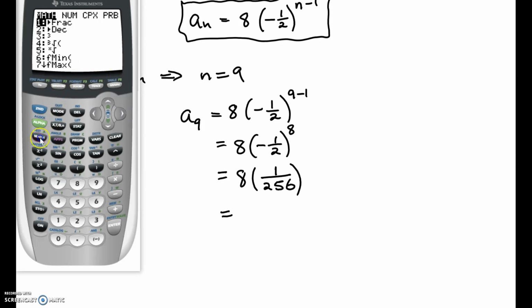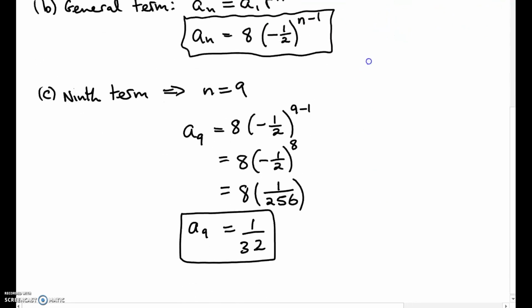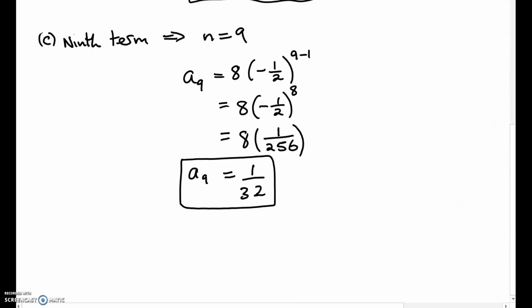Hit math, and you can do enter, or you just math 1 and enter, and you get 1/32. So there we go. a9 is 1 over 32. So if we extend this sequence on, for the 9th term we'll have 1 over 32. Okay, and that's it.